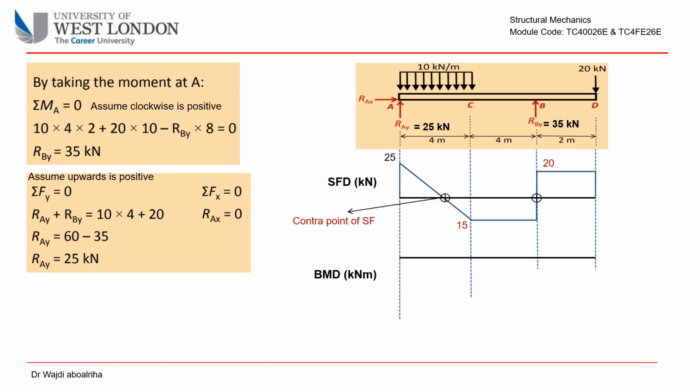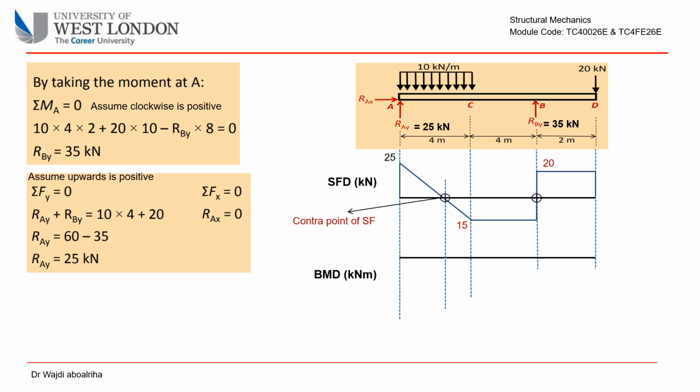The shear force diagram shows that there are two contra points. A contra point occurs when shear force changes from positive to negative or the opposite. To draw the bending moment diagram, we have to calculate the moment at each point on the beam, taking either the left or right side of that point, using summation of moment equals 0, assuming moment clockwise is positive and moment anti-clockwise is negative.